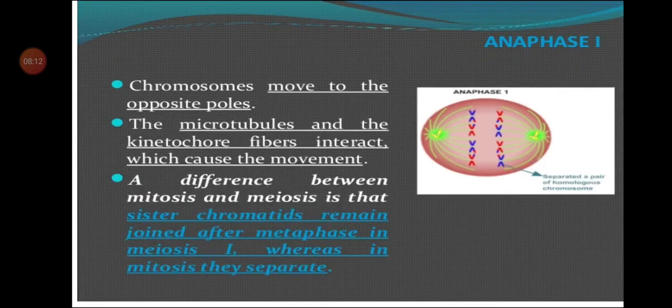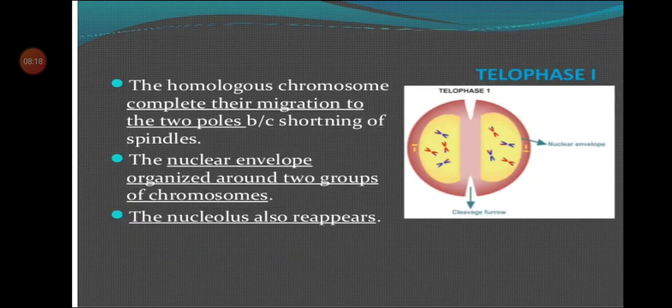Then in anaphase 1, the chromosomes are moving away from each other, and at telophase 1, finally, these chromosomes are elongated, uncoiled, and the nuclear membrane and nucleolus reappear and two daughter nuclei are formed. You can see here clearly two daughter nuclei are formed.